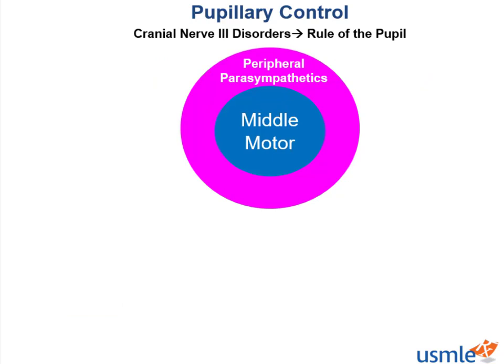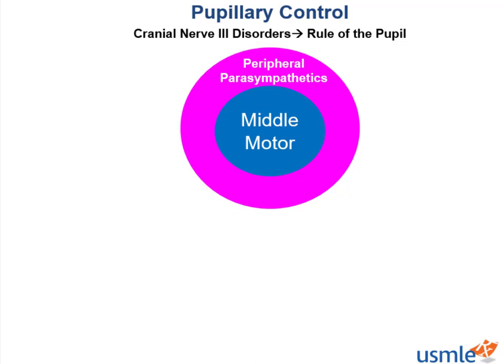Another very high-yield application of the parasympathetic light pathway is in cranial nerve 3 disorders, which are based on the rule of the pupil, as we will see. On the screen is cranial nerve 3, the oculomotor nerve, in cross-section. Cranial nerve 3 contains two main types of nerve fibers, parasympathetic fibers on its periphery and motor fibers in the middle.